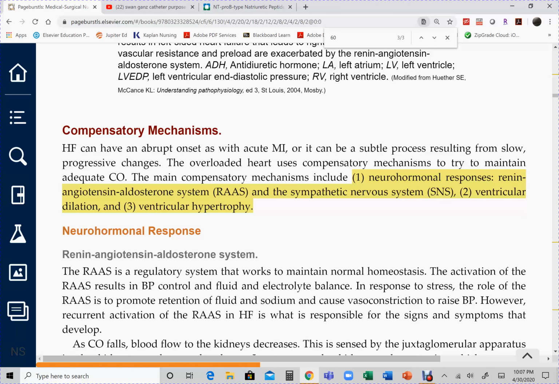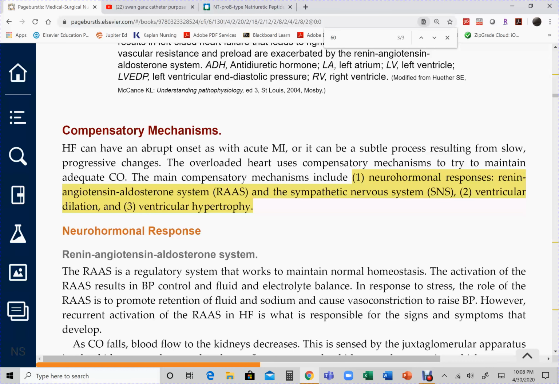So we have the RAS system, which is your renin-angiotensin-aldosterone system. So this renin-angiotensin promotes vasoconstriction, therefore increasing peripheral vascular resistance by vasoconstriction. And then you have the aldosterone system. The other half of this compensation is now the release of aldosterone from your adrenal glands, and aldosterone will cause sodium reabsorption, potassium loss, and water reabsorption.